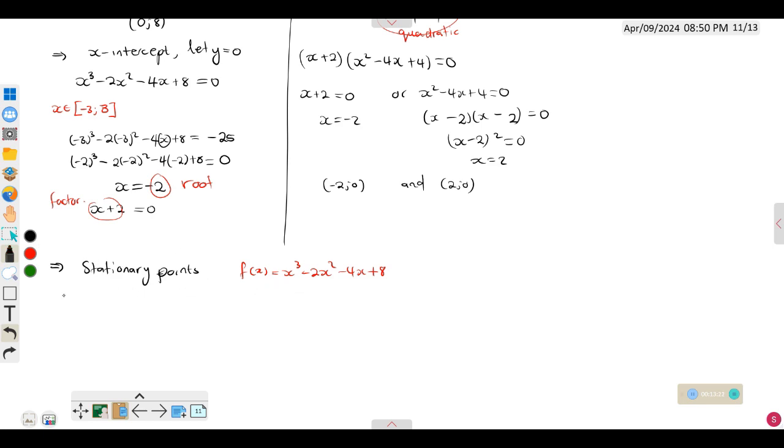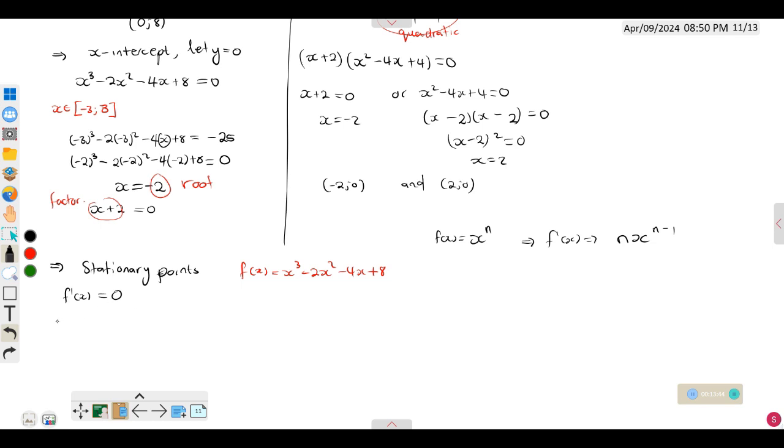It gives you that when you differentiate for the first time and equate to 0, you are going to use the power rule. So power rule tells you that for any x to the exponent n, f of x equals x to the exponent n, f prime of x is equals to what? Is equals to n. You bring this to the front, then x to the exponent n minus 1.